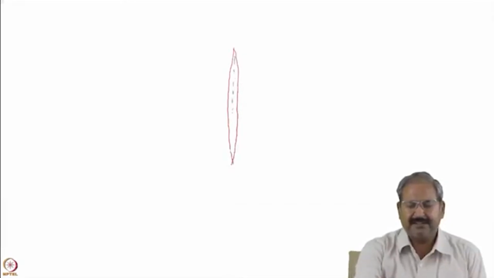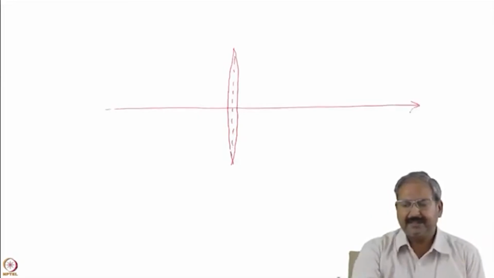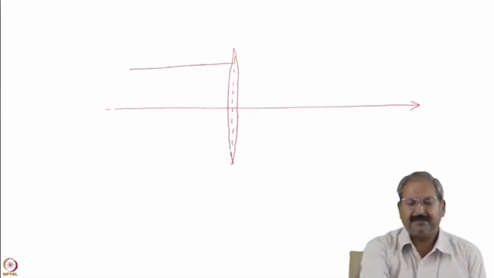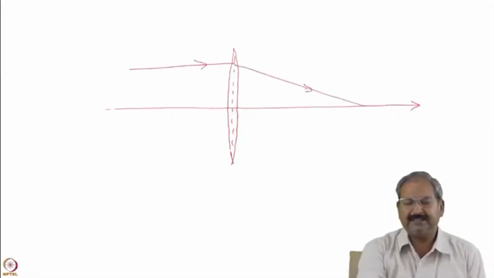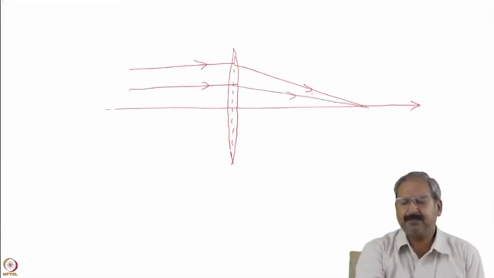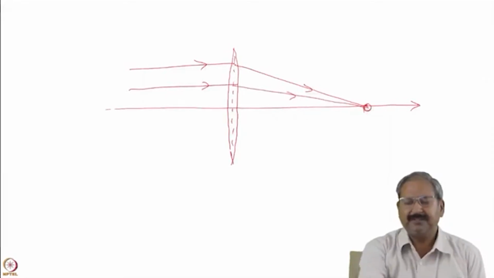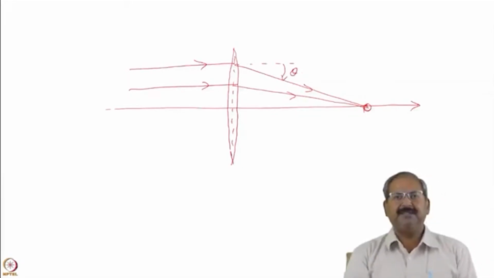This is the optic axis, and when a light ray passes through this lens, it bends the light rays to have a focus on a point. This is the focal point. So there is some bending, theta, by which the light ray bends during the passage through the convex lens.